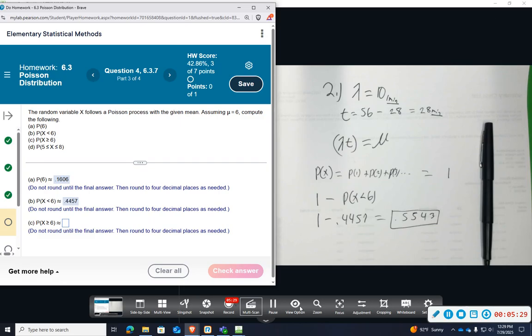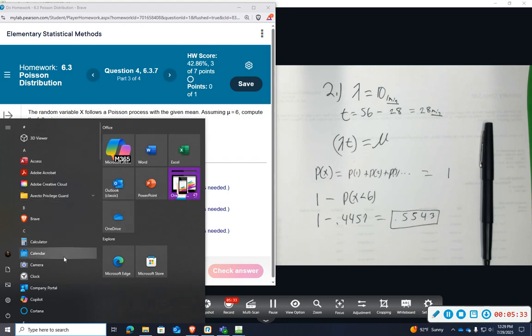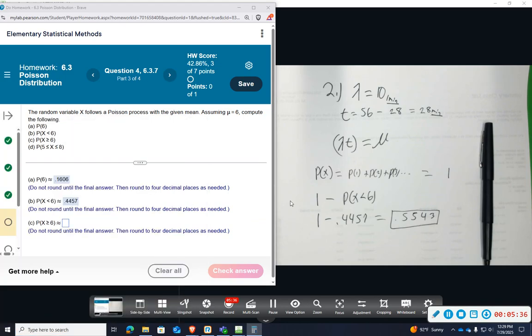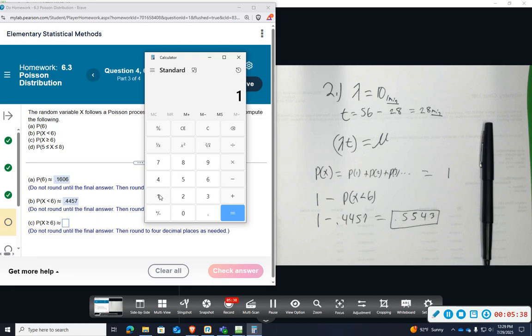Let me make sure I did that math correctly. Calculator. And we're going to do 1 minus 0.4457. And we get 0.5543.